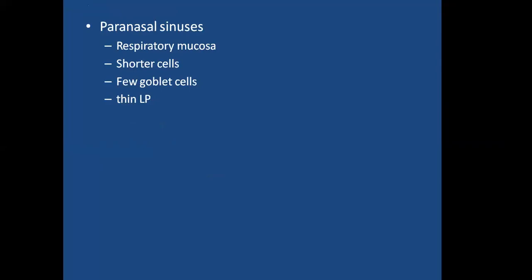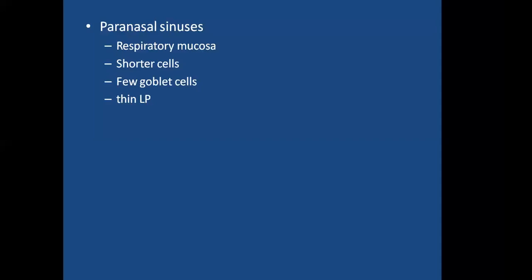Now we already know what is respiratory epithelium and what is olfactory epithelium. So there is a bit of difference between the respiratory and olfactory epithelium. Now, the paranasal sinuses consist of respiratory mucosa, but their cells are short with few goblet cells and thin lamina propria.